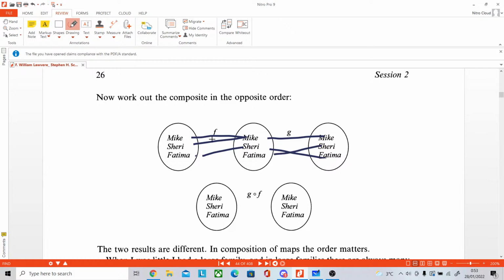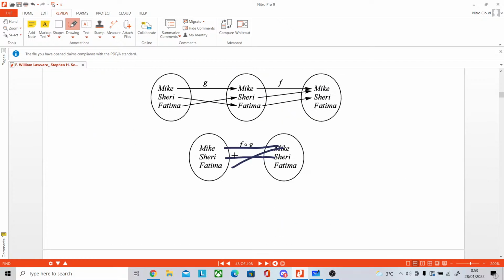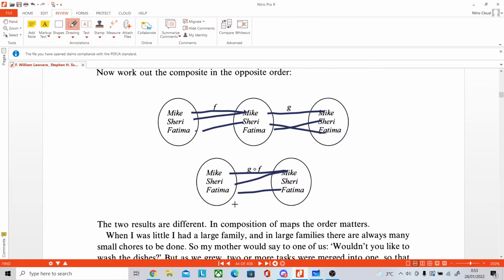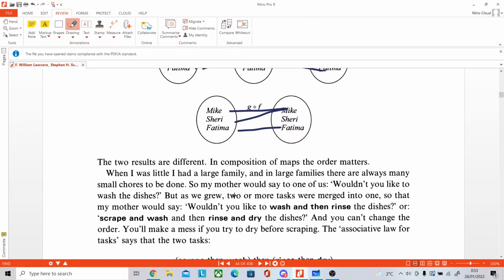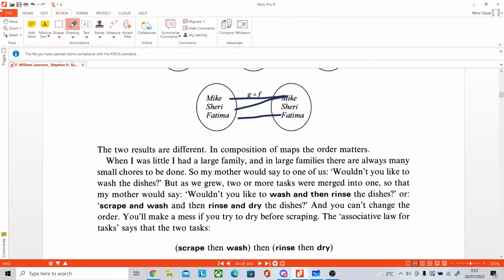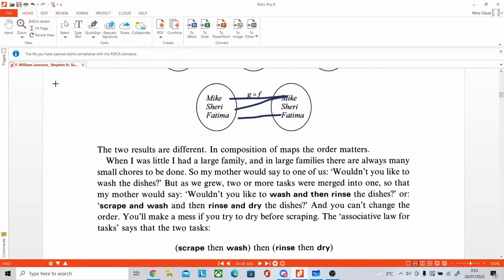Now if we do composition, Mike goes to Mike, goes to Mike. Sherry goes to Mike, goes to Mike. Fatima goes to Sherry, goes to Fatima. And obviously this is different from this. Okay, cool. The two results are different. In composition of maps, the order matters.